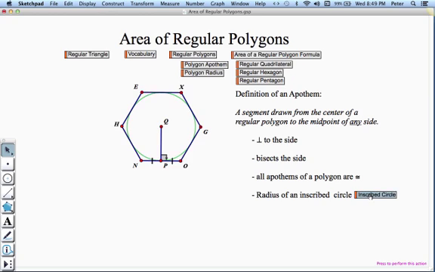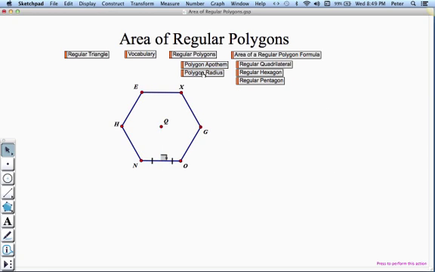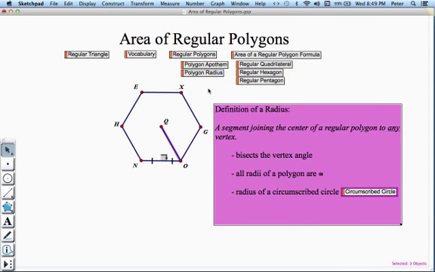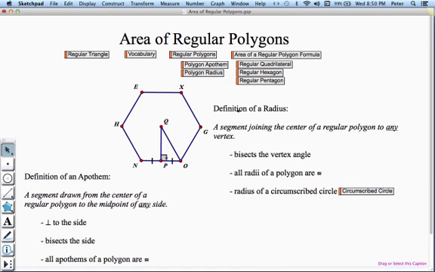Okay, now let's look at the other really important line in a polygon, which is the polygon's radius. When we look at the definition of a radius, it's a segment joining the center of a regular polygon to any vertex. And once again, it has to be a regular polygon.